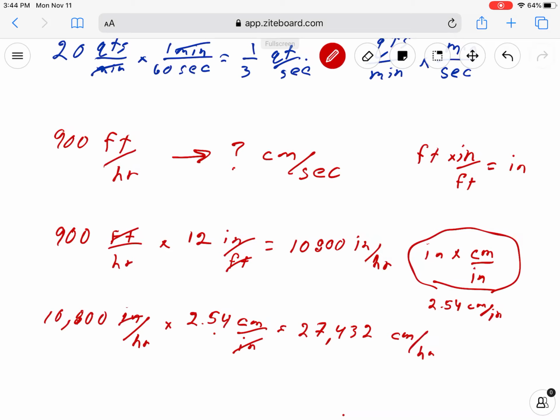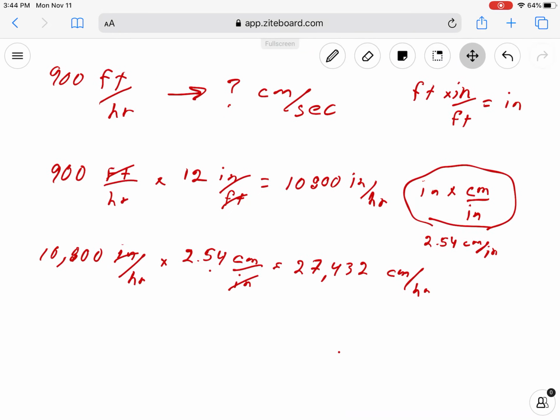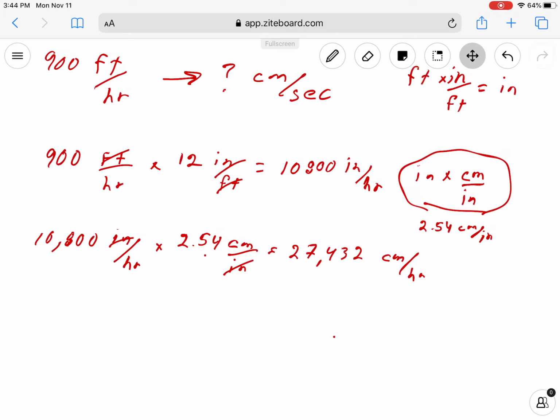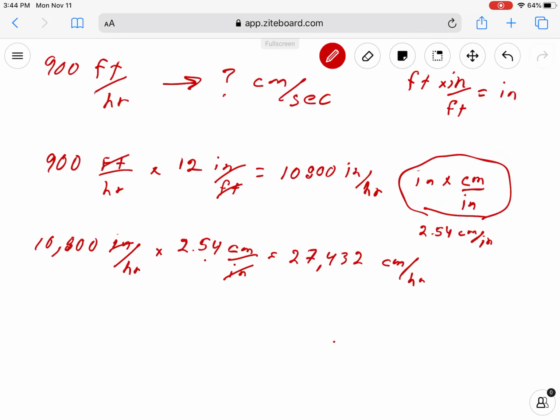Now we can go from hours back into seconds. Okay, so give ourselves a little bit more room. So we have centimeters per hour, and I need hours per minute.